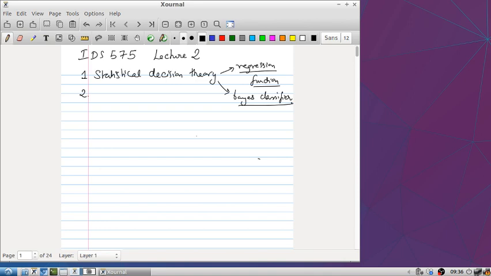Then we'll go into the curse of dimensionality, which is basically trying to reason why KNN is not good enough.